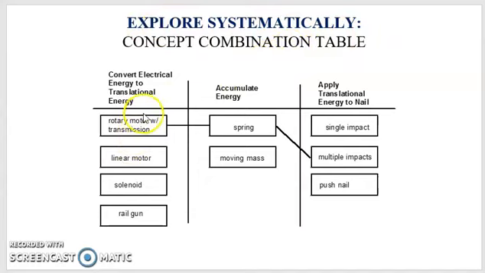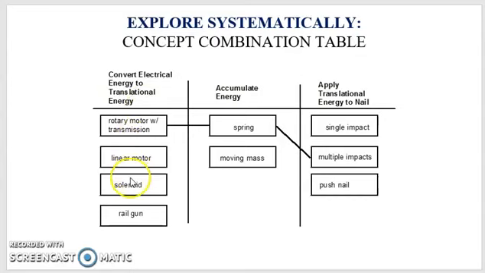The concept combination table provides a way to consider combinations of the sub-solutions systematically. This figure shows an example of a combination table that a Nailer team should use to consider the combination of the fragments of the electrical branch of the classification tree.